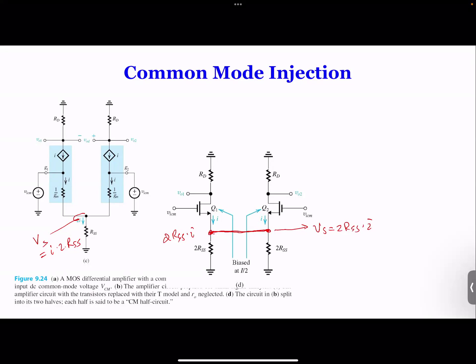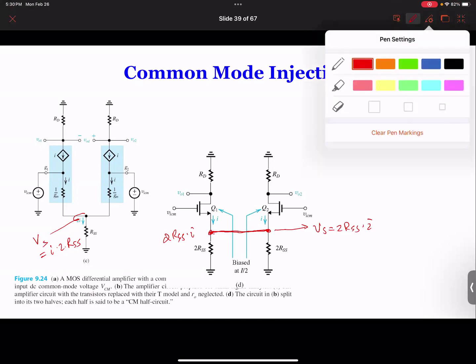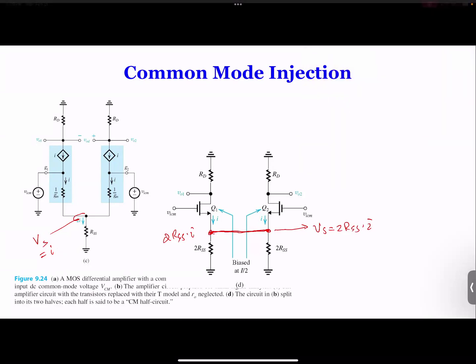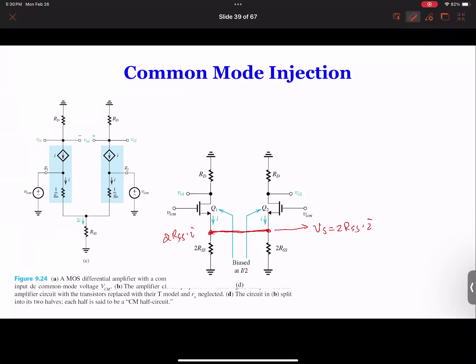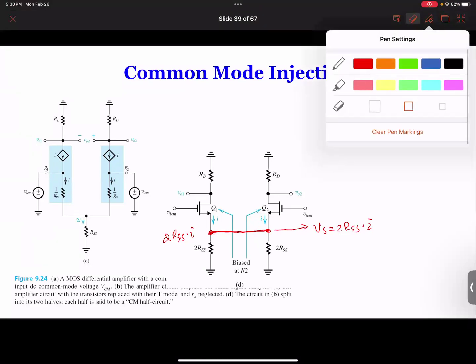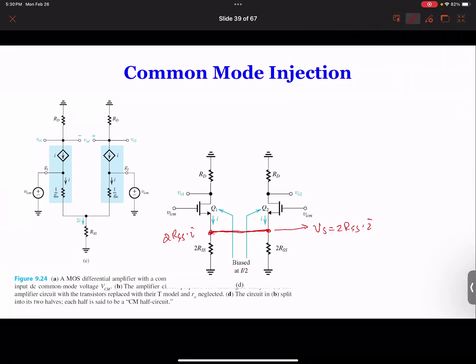Let's make it a little bit simpler. So instead, we're going to make this one here 2 RSS. So I'm going to disconnect over here. So this one is also 2 RSS.